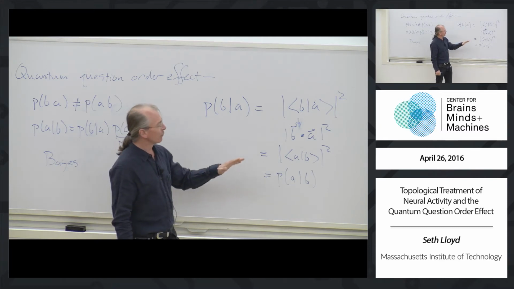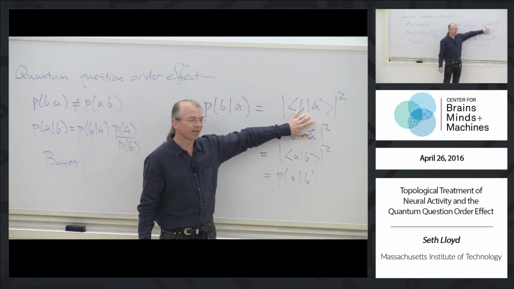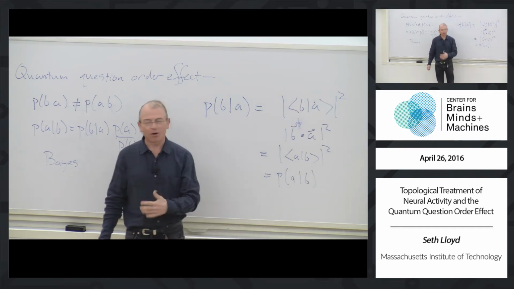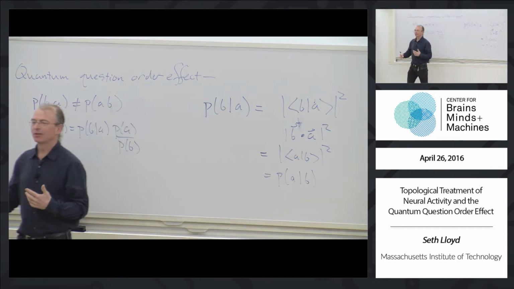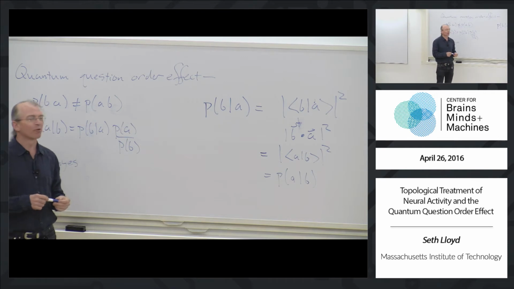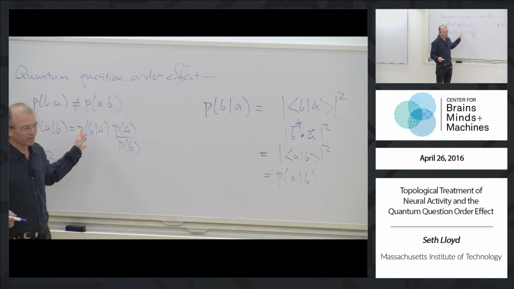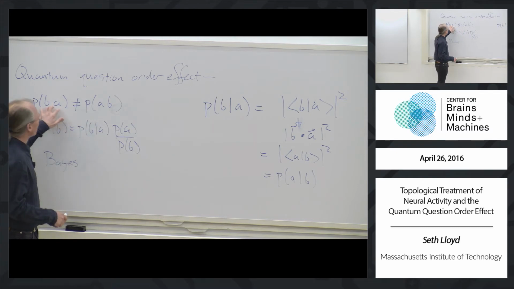And when your probabilities have this kind of feature, there are a host of other anomalous decision effects which don't obey the ordinary rules of probabilities. Many ordinary probability rules assume that P of BA is the same as P of AB.